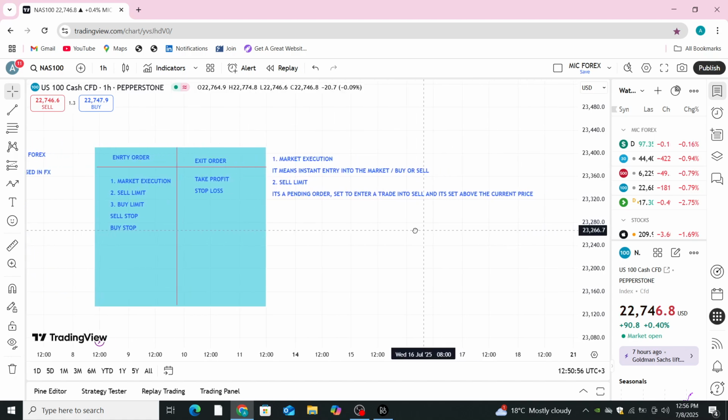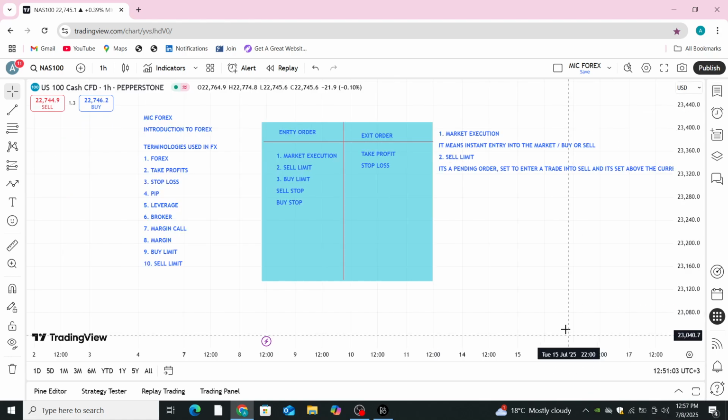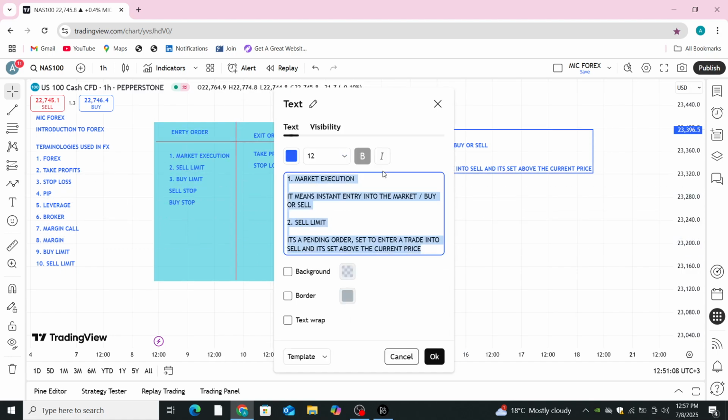And of course, what we had described earlier on is now the opposite of this one, and it's called buy limit. So for buy limit, this will be number 3. Hope you guys were following.